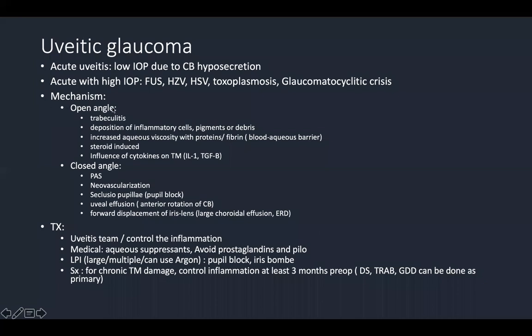So the mechanism, as you said, excellent, for uveitis in general can be open angle or closed angle. I don't think we have too much time to go through it. You mentioned most of it. And for the treatment, you have to mention that the IOP is controlled, as you mentioned, and we have medical treatment.